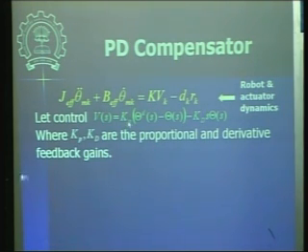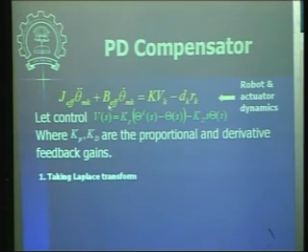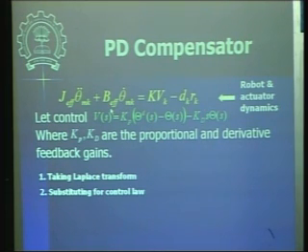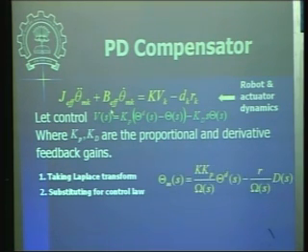So with this now we will see how we can analyze our original system. We have to take the Laplace transform of the original system and then substitute for this control law in the expression. Then we will get this kind of expression for motor dynamics. So motor dynamics evolves according to this expression. Now recall that your D term has a lot of nonlinearity. Okay, it contains a lot of nonlinear terms.